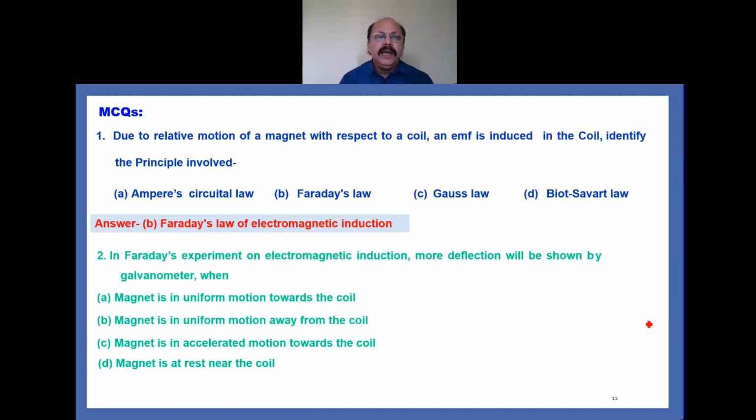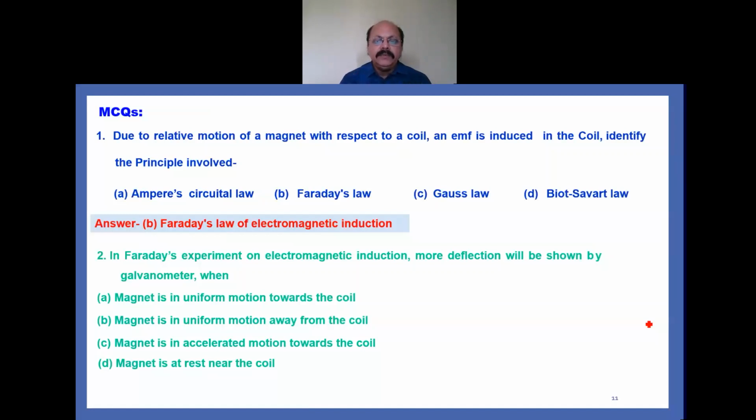Similarly, the second question: in Faraday's experiment on electromagnetic induction, more deflection will be shown by the galvanometer when your options are A, magnet is in uniform motion towards the coil, B, magnet is in uniform motion away from the coil, C, magnet is in accelerated motion towards the coil, D, magnet is at rest near the coil.